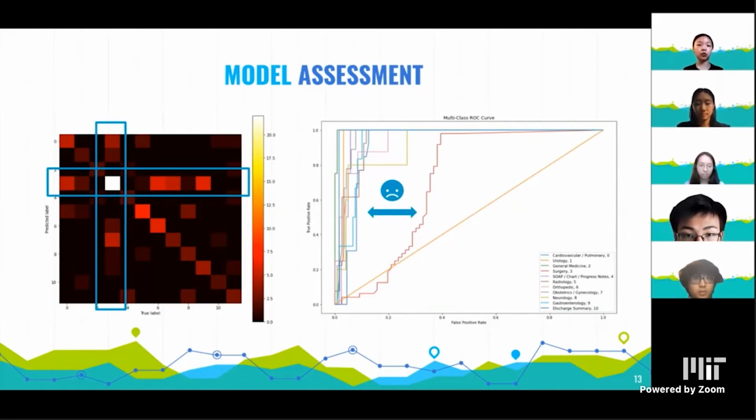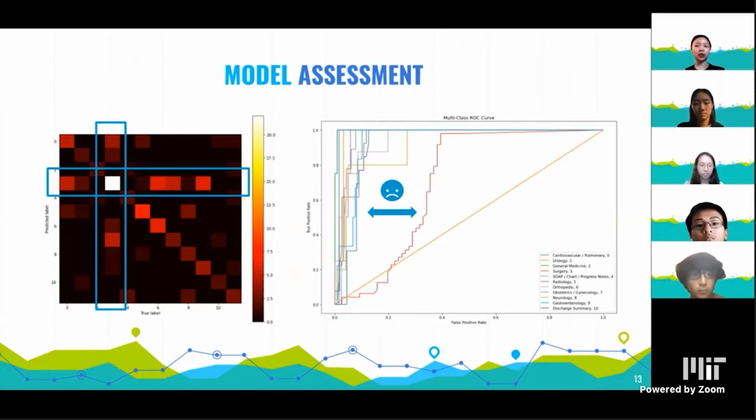For class number 3, you can see that there's a lot of red in both the vertical column and the horizontal row, which means that there are patients being labeled as class 3 when they actually aren't class 3, and labels that are class 3 that aren't being predicted as class 3. Basically, it's making a lot of incorrect classifications.